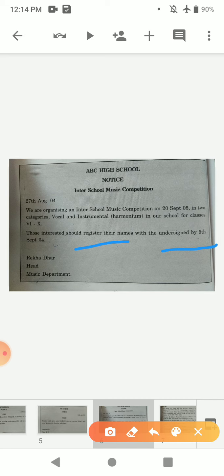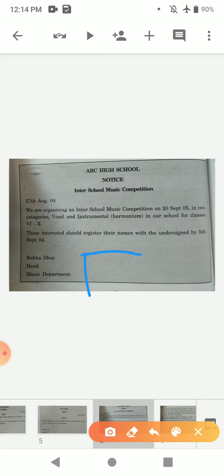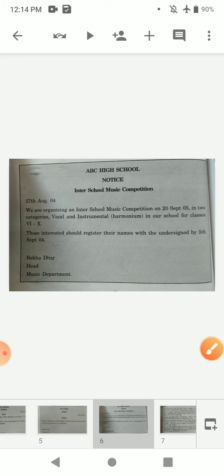So the final detail is mentioned here, who the appropriate authority is supposed to contact. Then comes the name of the issuing authority, then comes the person who is writing. Actually this is Rekhadhar, whose designation is head of the music department.